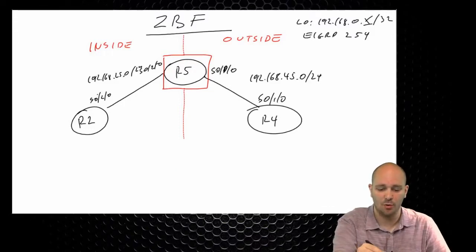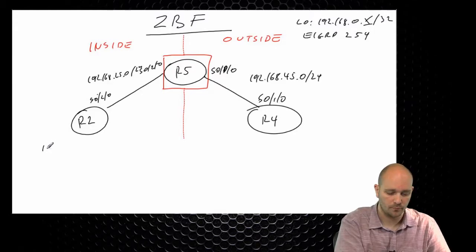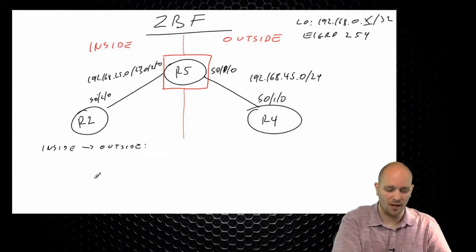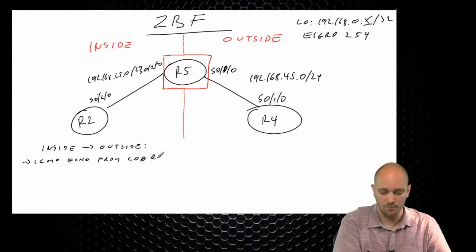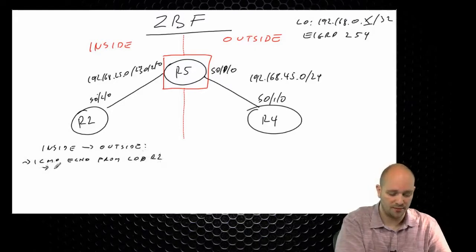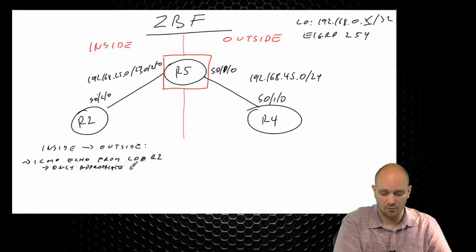So from inside to outside, I want to allow ICMP echo from loopback 0 of R2, and I want to permit only appropriate echo replies.